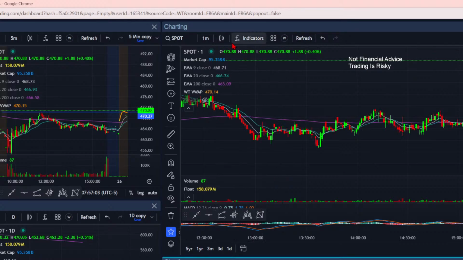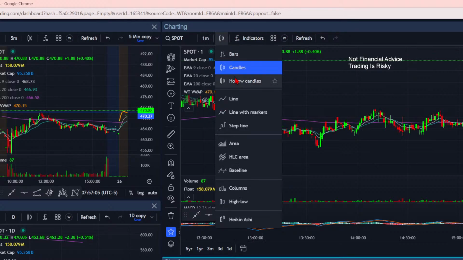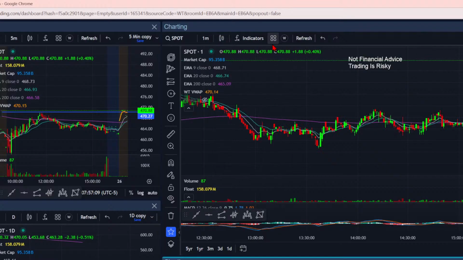I like looking at candles. You can make them hollow too, and you can also color your candles pink if you want, like girl traders do. Every girl trader I see, they color it pink, and some guy traders, they'll color it blue. It doesn't have to be all that. I think it's good just to have the basic green, red, simple, straightforward.